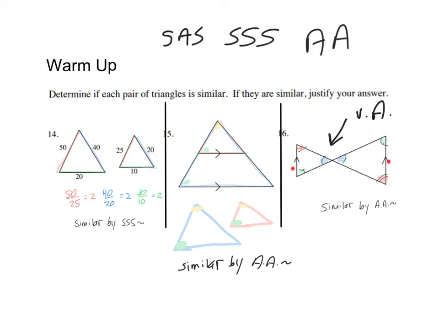So I have these sets of parallel lines and a transversal, meaning that this angle and this angle are equal in measure because these are alternate interior angles, as are these two angles right here. These are also alternate interior angles based off of these parallel lines cut by this transversal. So we actually have 3 pairs of angles that are equal there. I only need 2 for similarity, so those two triangles are similar by angle, angle similarity.